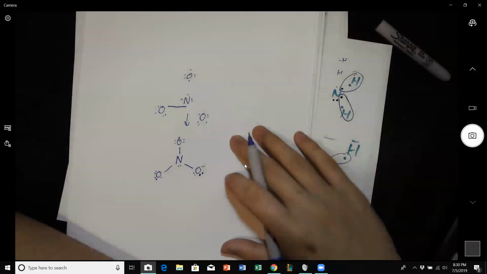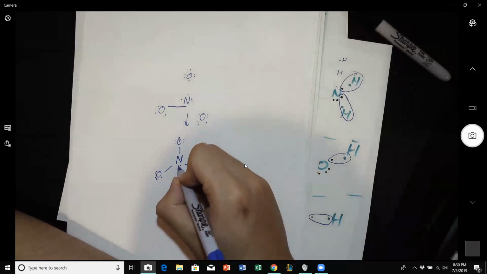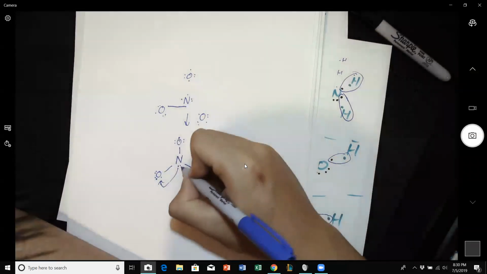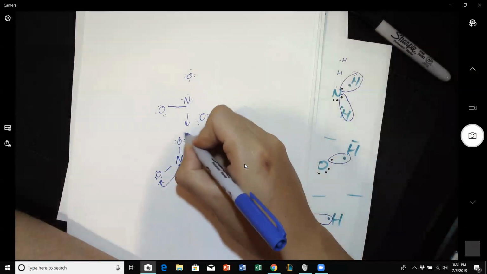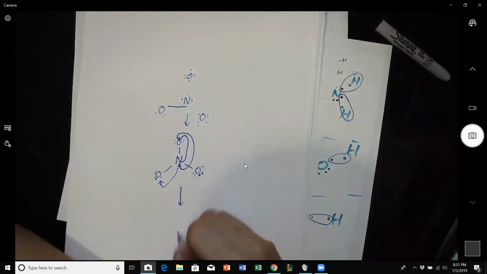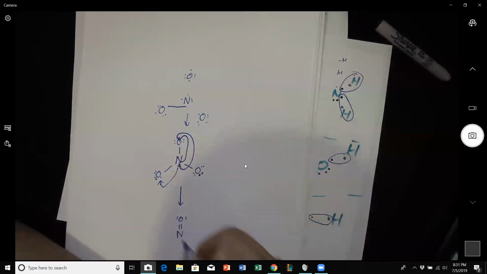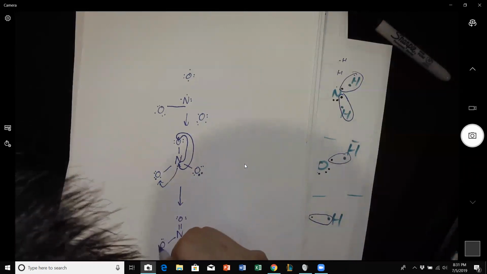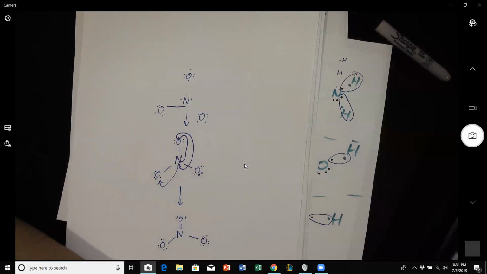So we'll move this electron onto this oxygen atom, and then this electron will go to form a double bond with this one. So we end up getting something that looks like this. Does everyone see how we did that? Are there any questions? Is anyone confused?